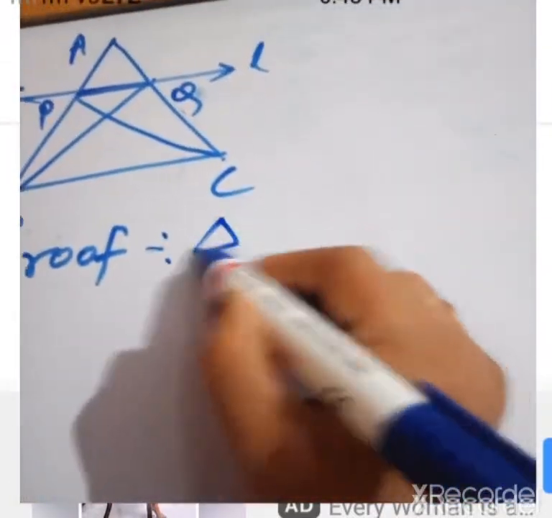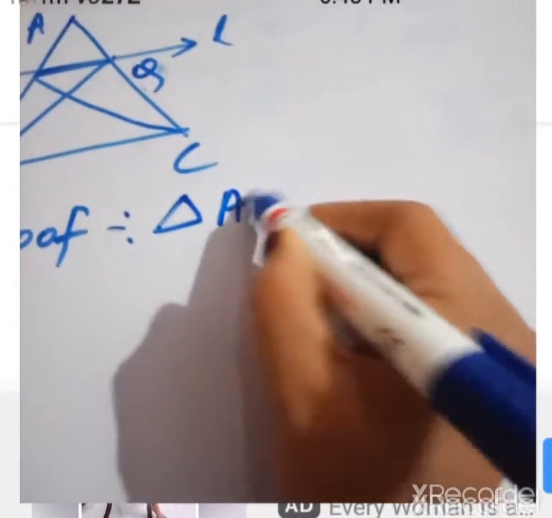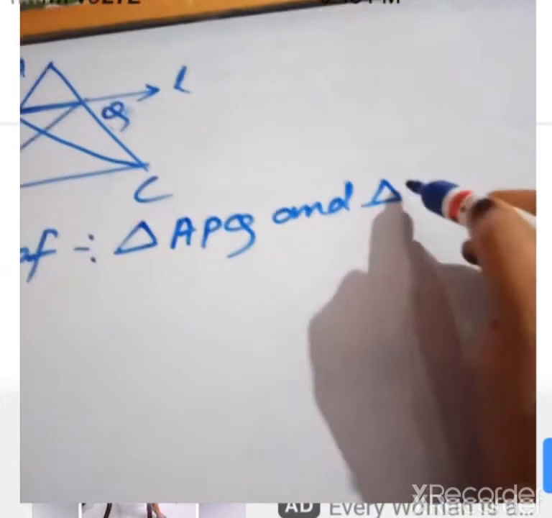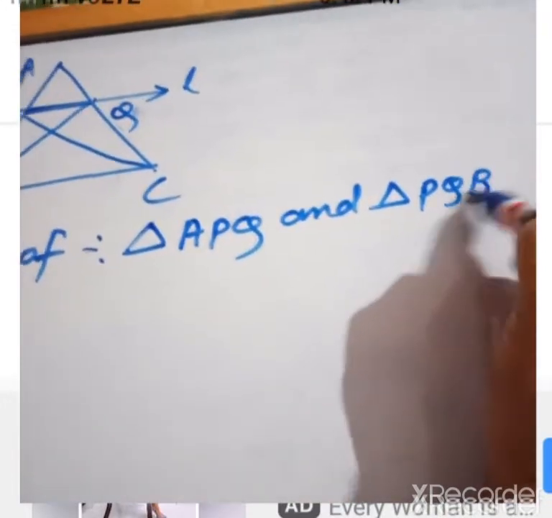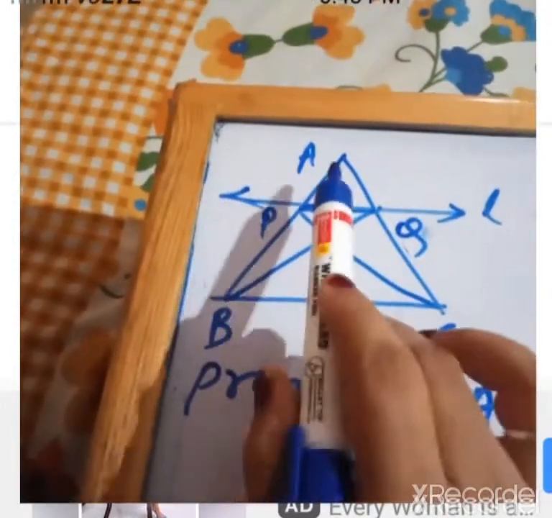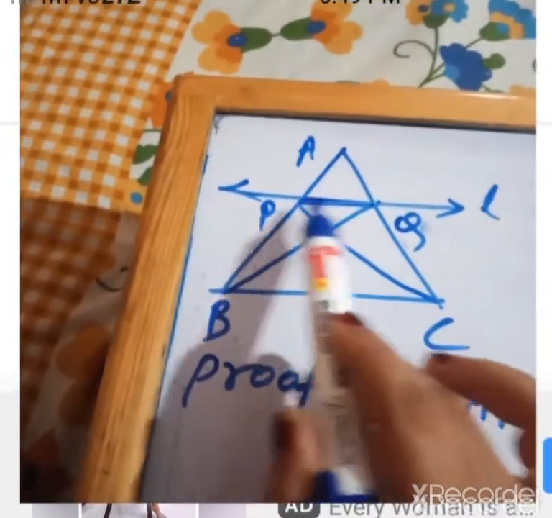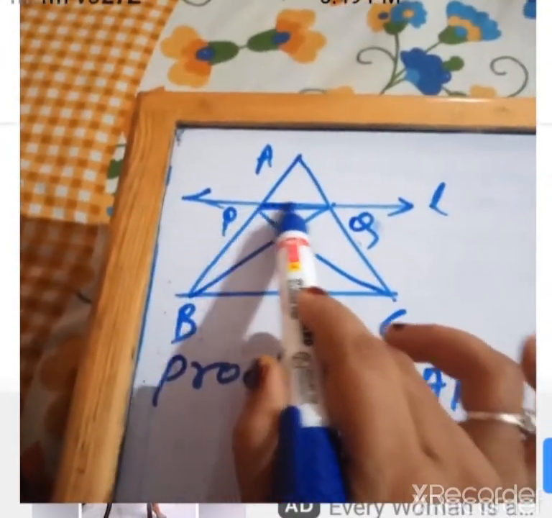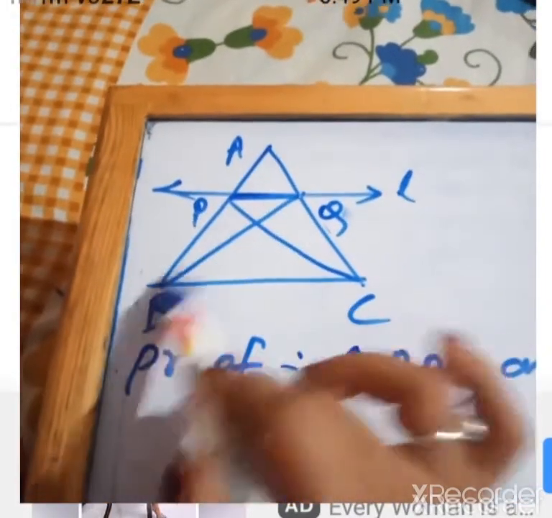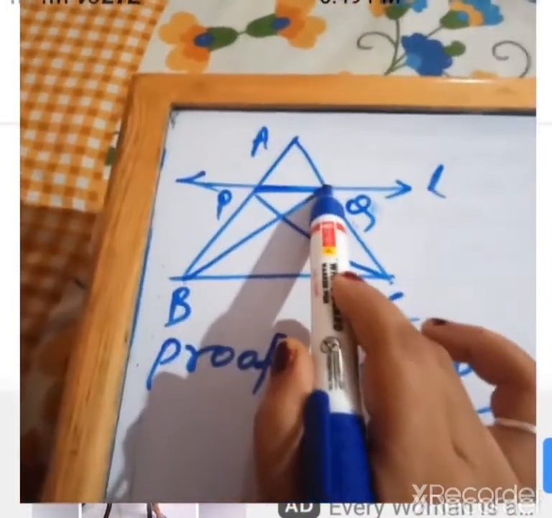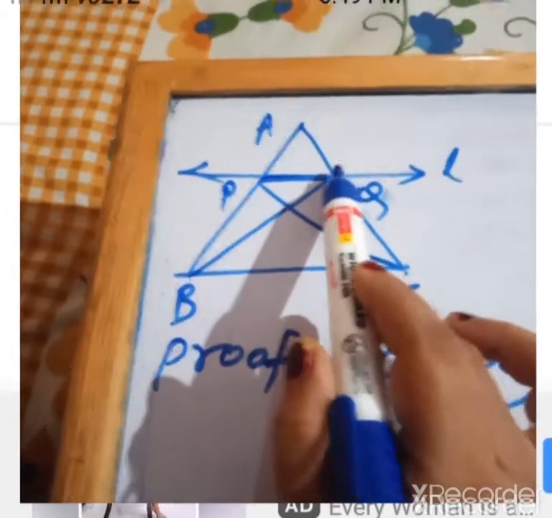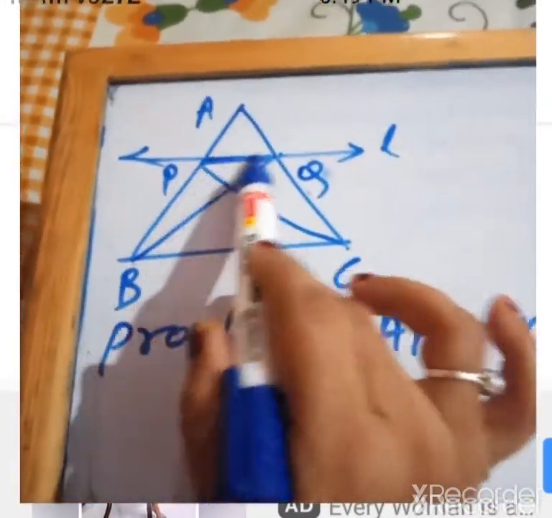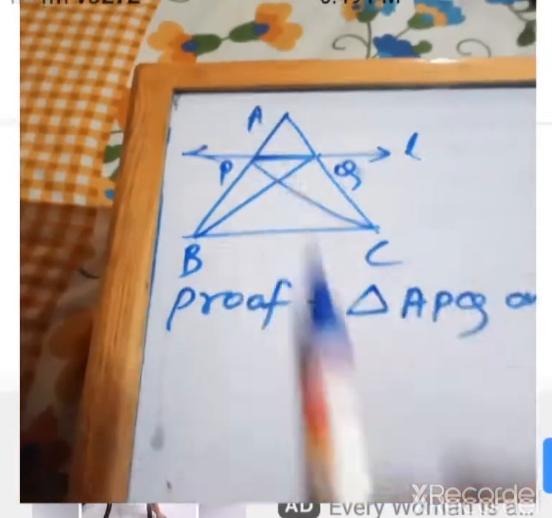For that, take two triangles, triangle APQ and triangle PQB. In triangle APQ we have the side PQ, and triangle PQB has the side PQ. That is, the side PQ is the common side of both triangles. Then take this common side as the height of these triangles.